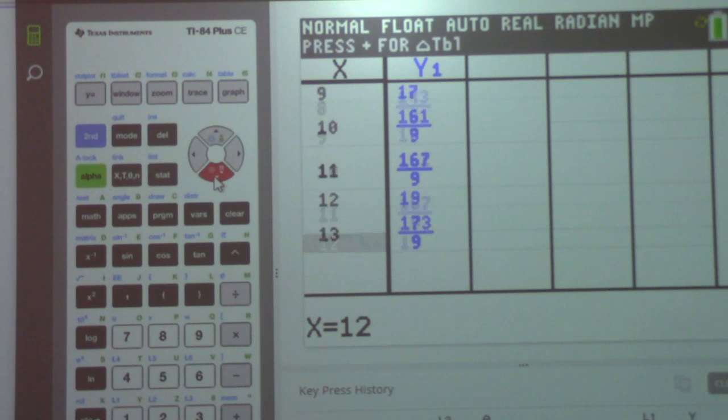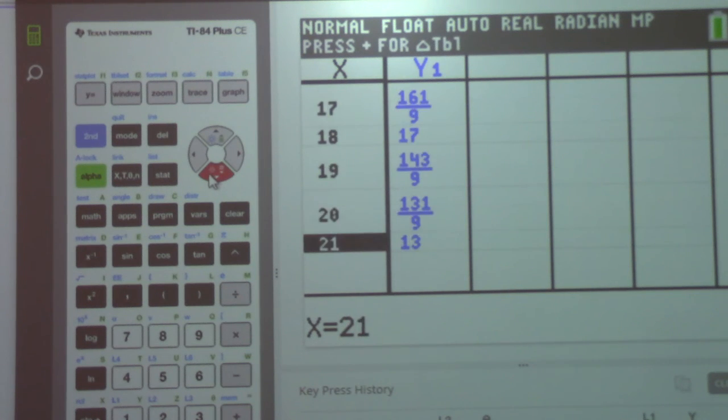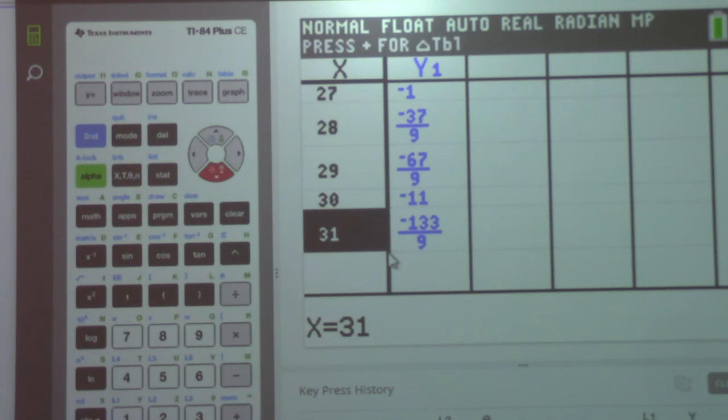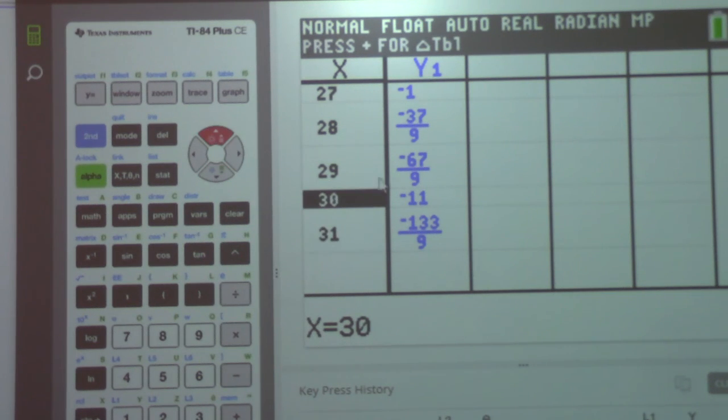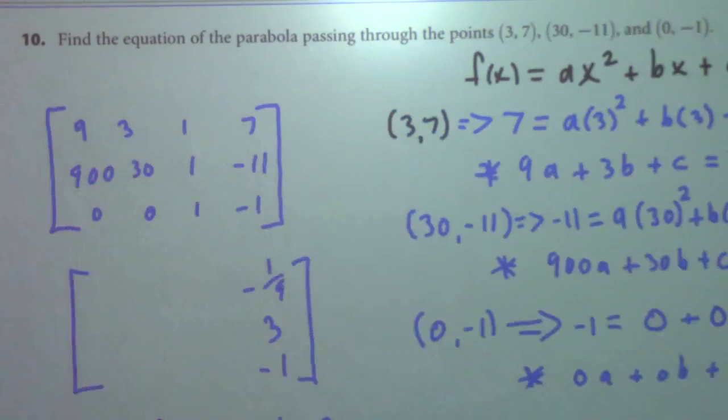So you can go to 30. Yeah, at 30 we get negative 11. So it checks out, basically. All right? So that's our answer for number 10.